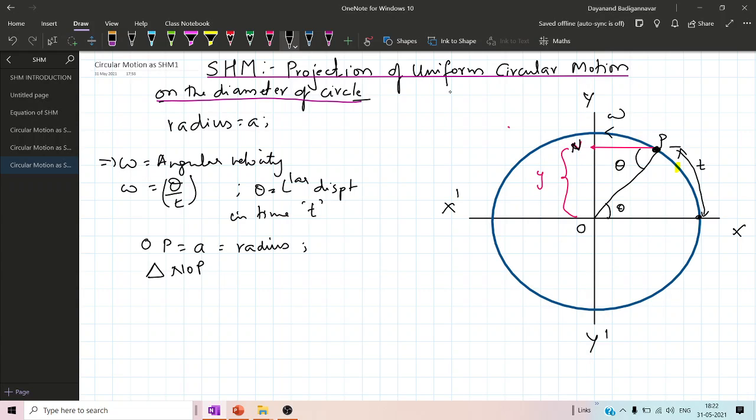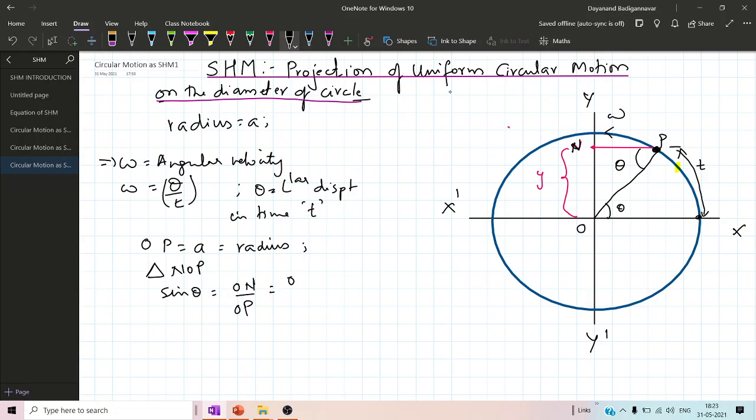From triangle NOP, I can write sine theta is equal to opposite side divided by hypotenuse. The opposite side is ON and the hypotenuse is OP. So ON by OP.